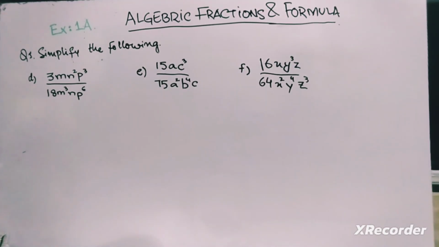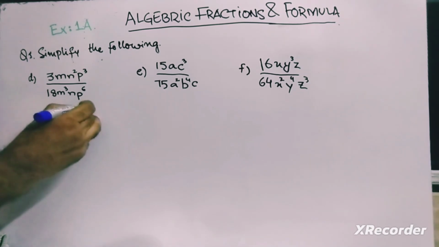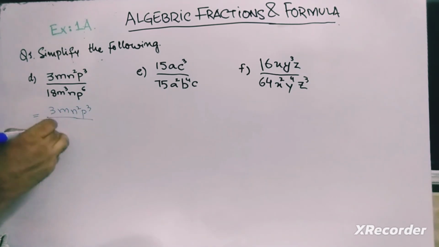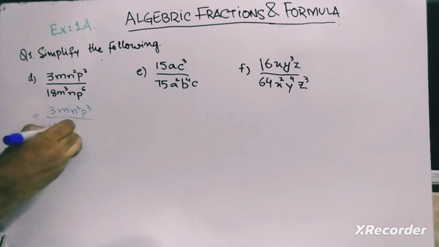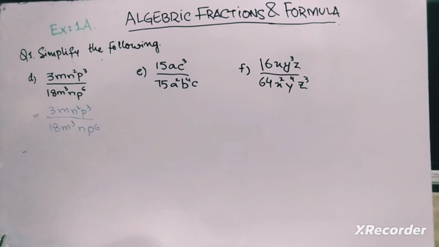Now for part D, 3mn^2p^3 upon 18m^3np^6. For this we can cut out 3. 3 times 1 is 3, 3 times 6 is 18.